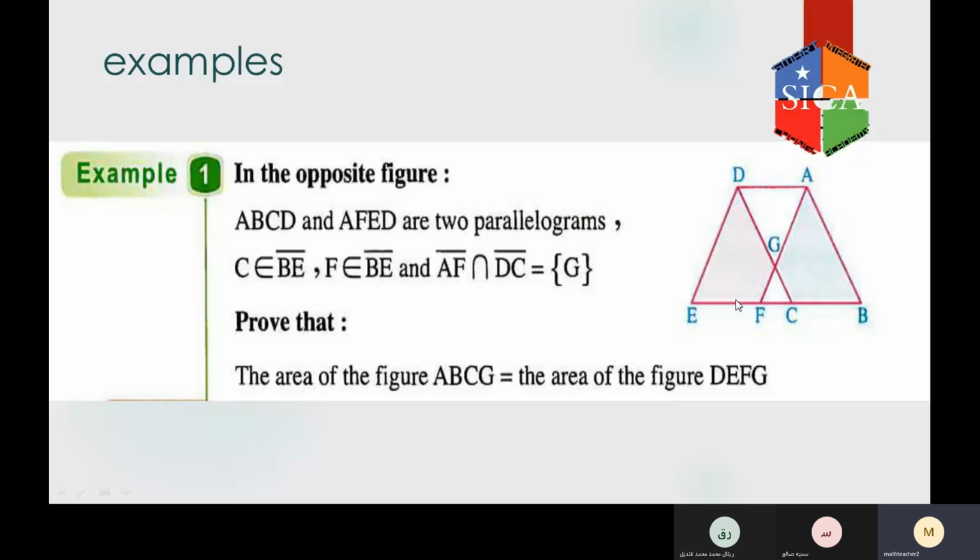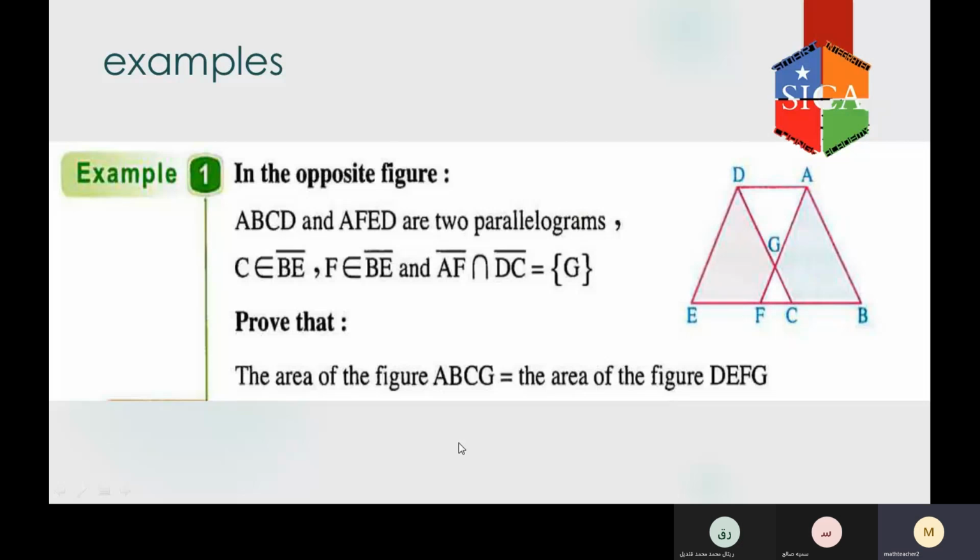Then the straight line EB parallel to AD. AD parallel to EB. Then the two conditions are satisfied. The two parallelograms have a common base, which is AD, and between two parallel straight lines.